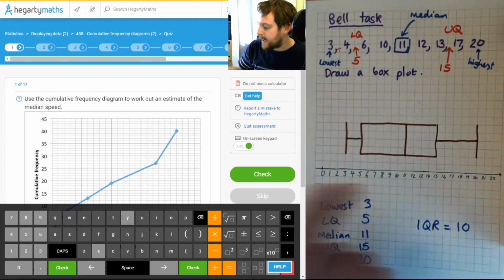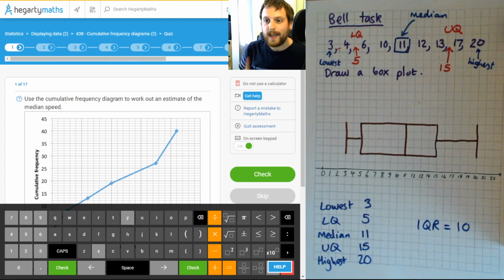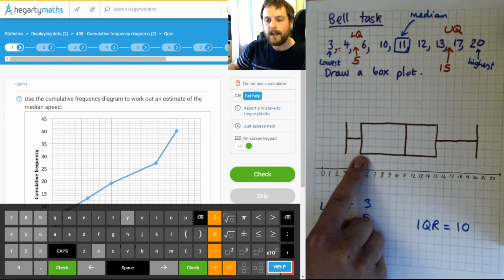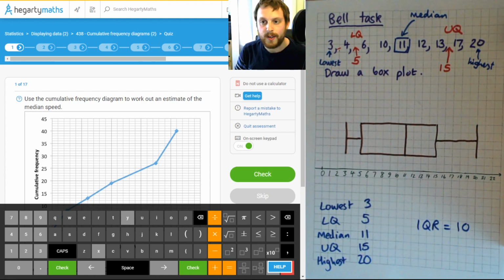If I asked you for the range, you would do the biggest take away the smallest. If I asked for the interquartile range, it would be the upper quartile take away the lower quartile. And if I asked for the median, you would just literally read it off and say it was 11. So that's how you draw a box plot, and that's what the picture of a box plot is actually telling you. Okay, it's telling you those 5 bits of information.